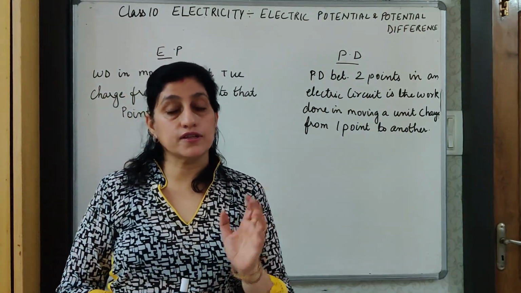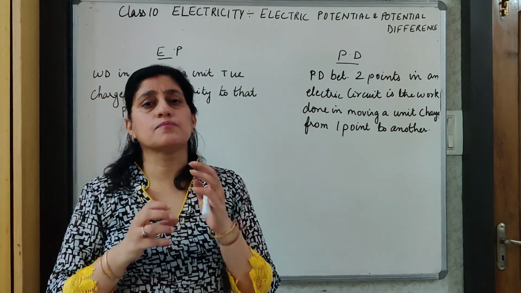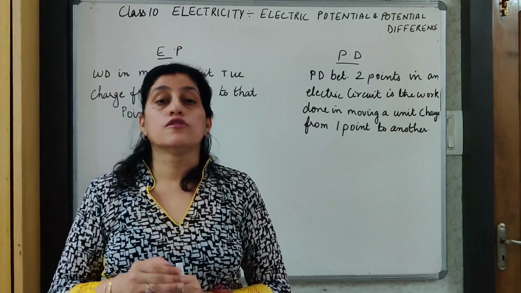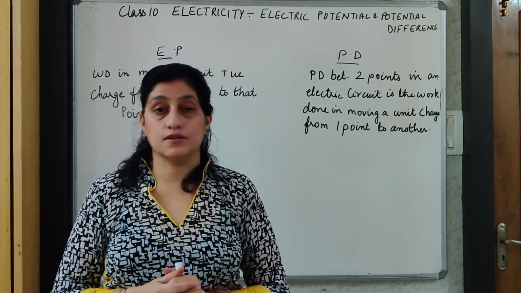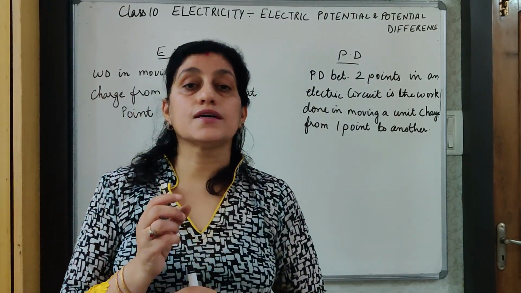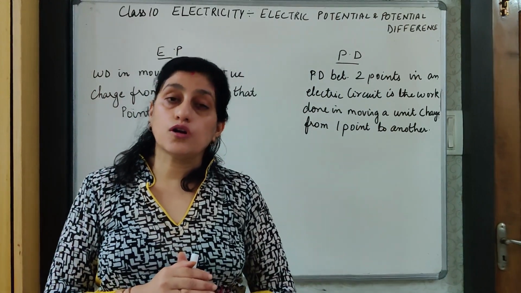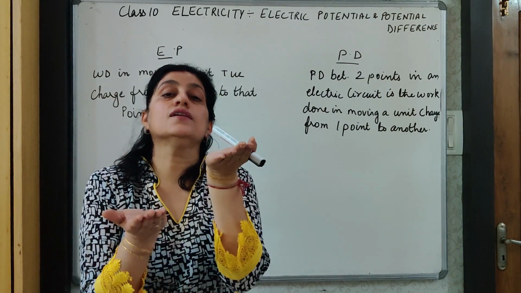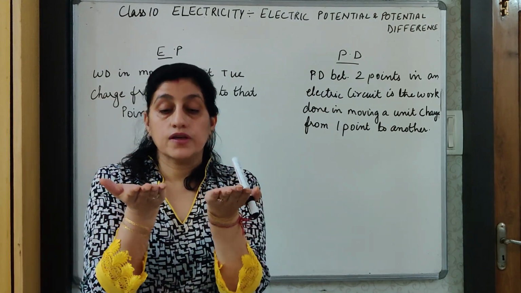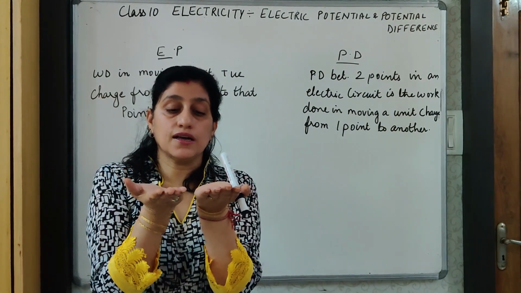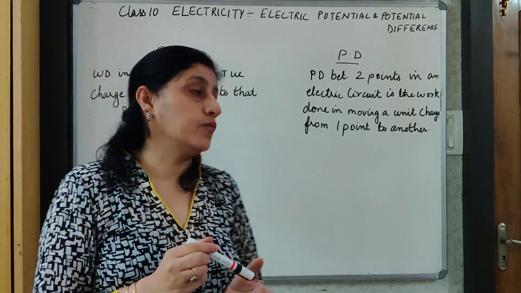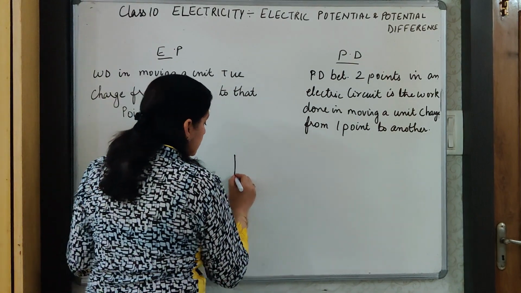Before beginning with this, I will take a very simple example with you. We know that water flows from one point to another. But in this there is one condition, that water will only flow when there is a difference in the level. If the two containers having water are at the same level, then the water does not flow. For example, let me see here.